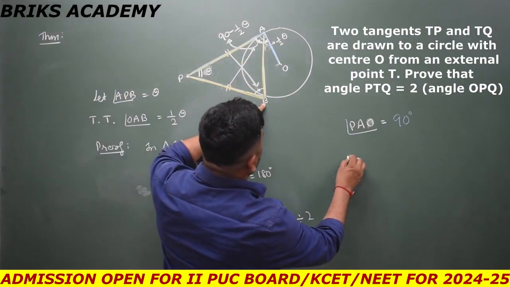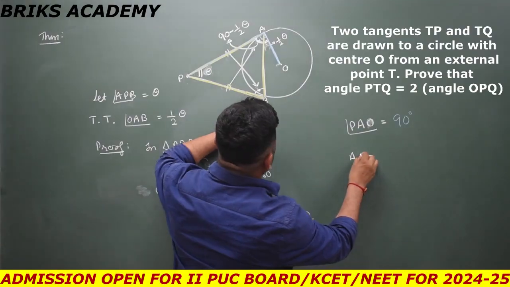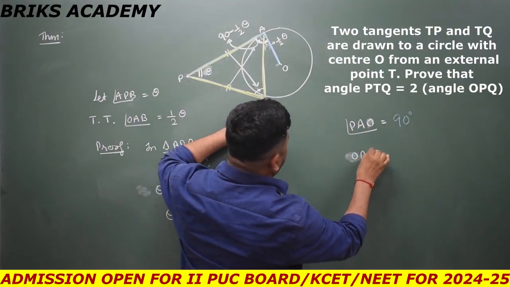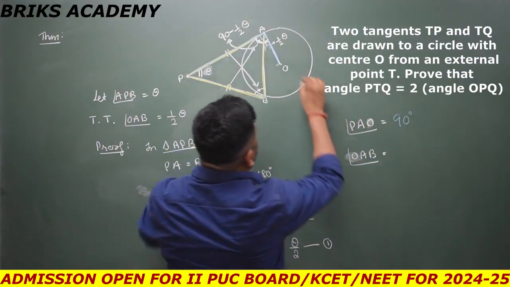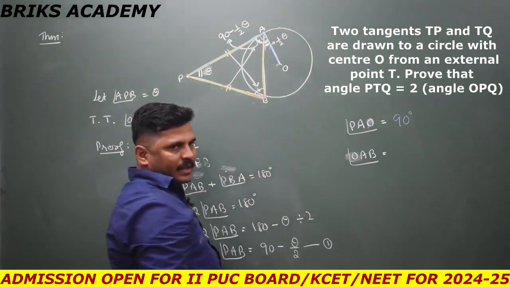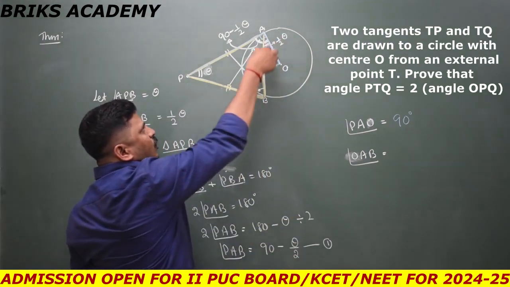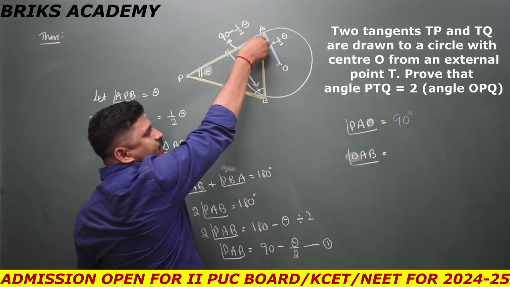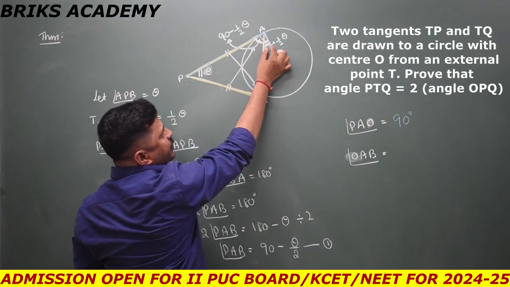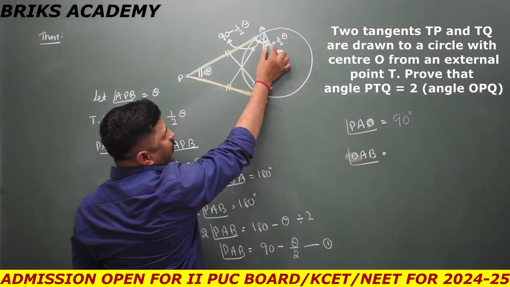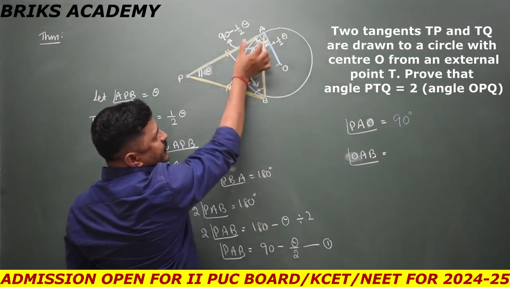Which angle did I need? The small angle OAB here. Is it nothing but the total angle 90 minus this angle? What I need is this small angle. Is it 90 minus this?